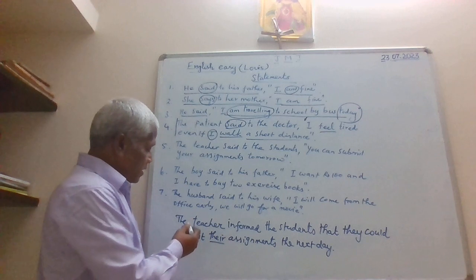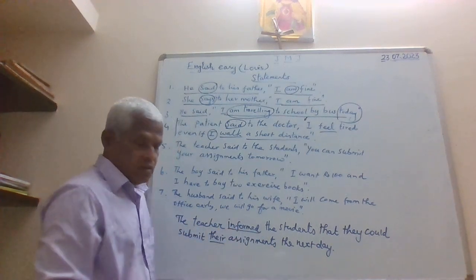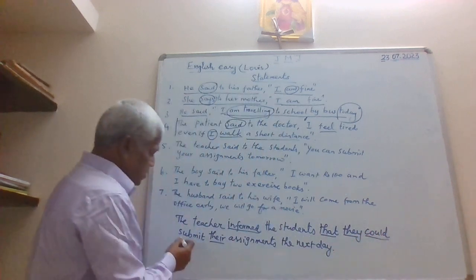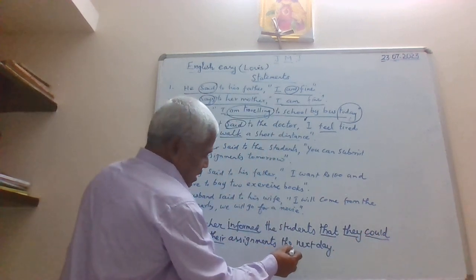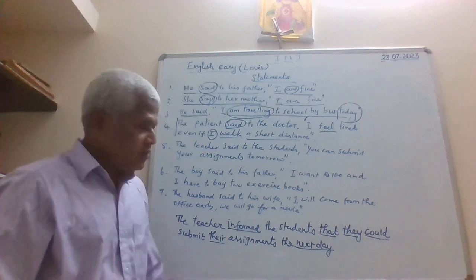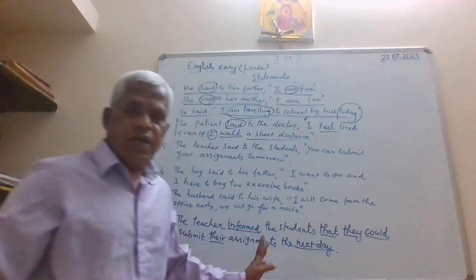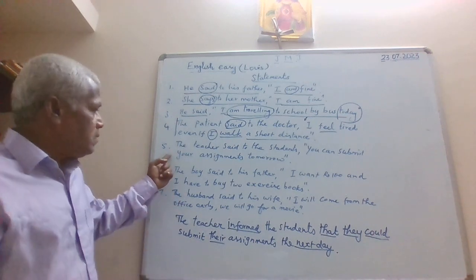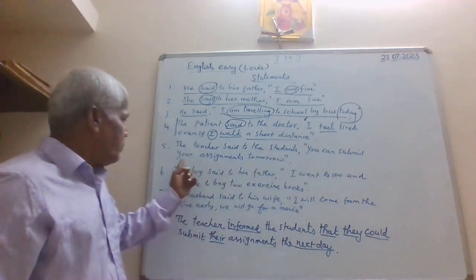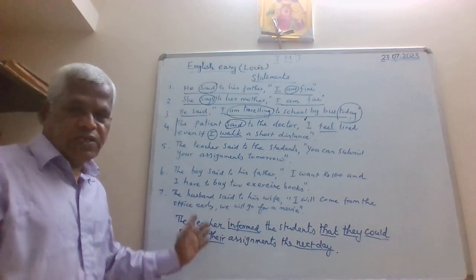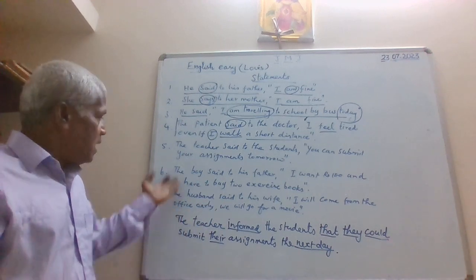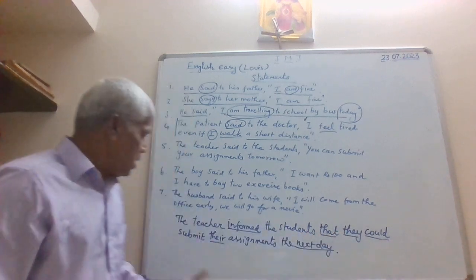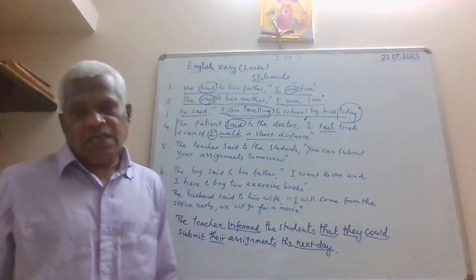Now look at the change again. The teacher informed the students that they could submit their assignments the next day. Very clear. Okay? The teacher said to the students, you can submit your assignments tomorrow, and that is changed from direct to indirect as the teacher informed the students that they could submit their assignments the next day.